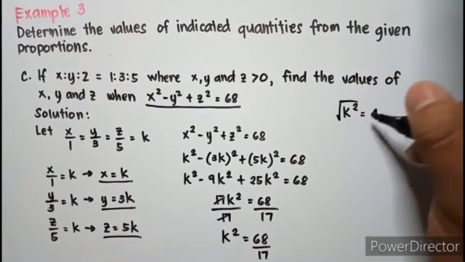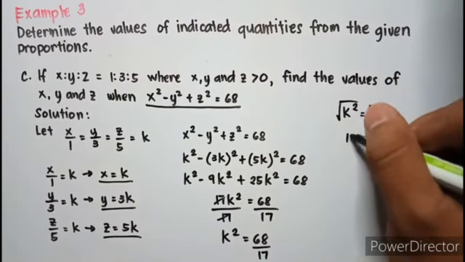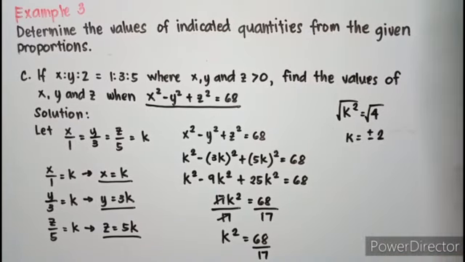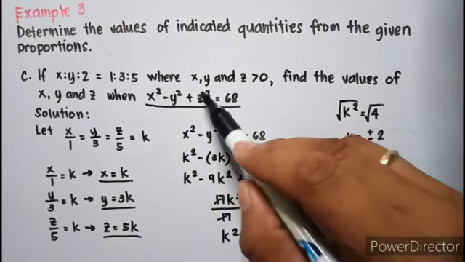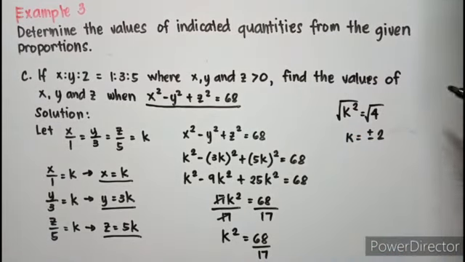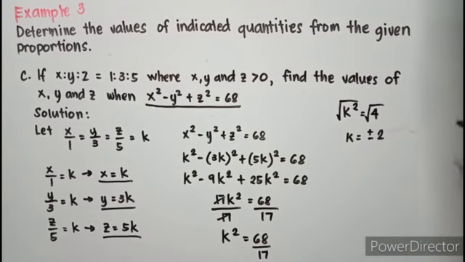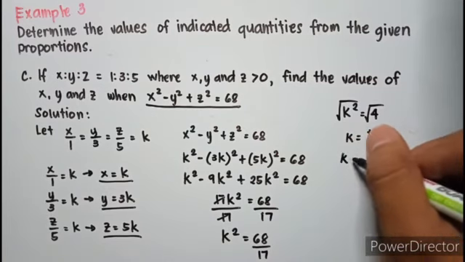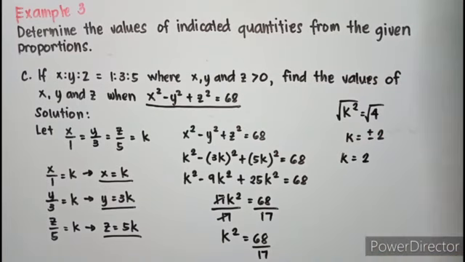Then getting the square root, our k is equal to positive or negative 2. Now, since from the given x, y, and z are greater than 0, we are going to disregard the negative 2. So therefore, our k is equal to 2.